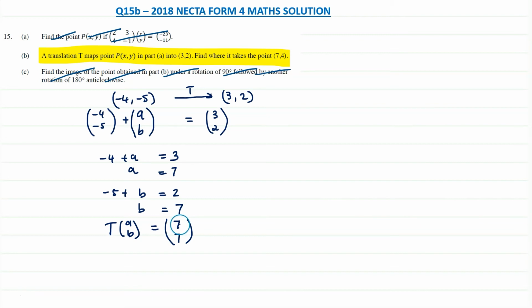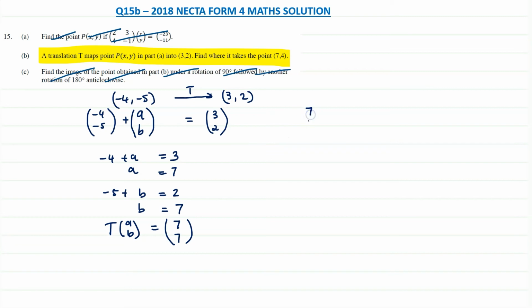It's positive 7. So if you're at 7 and you go up by 7, where will you be? 7 add 7 is 14. And if you're at y and you're going up by 7, so if you're at 4 and you go up by 7 steps, where will you be? You'll be at 11. But let's just show that mathematically.